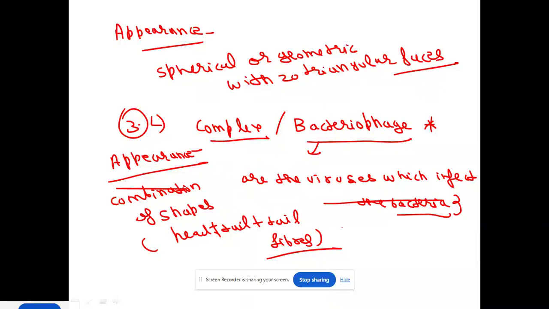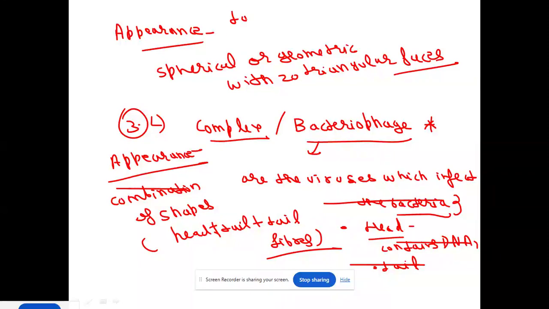And in this type of structure, in the bacteriophage, the head contains the DNA. DNA is the genetic material here. And the tail helps in the attachment.